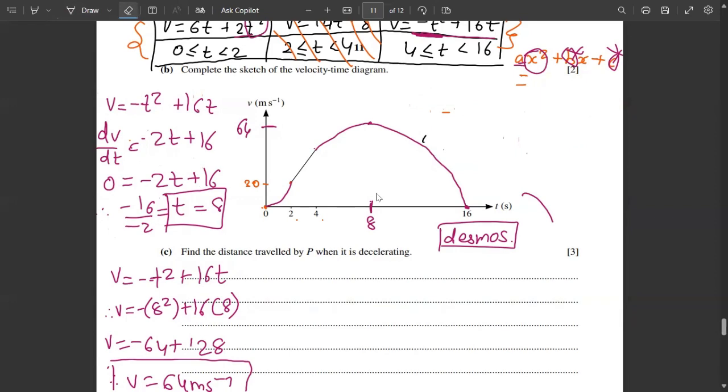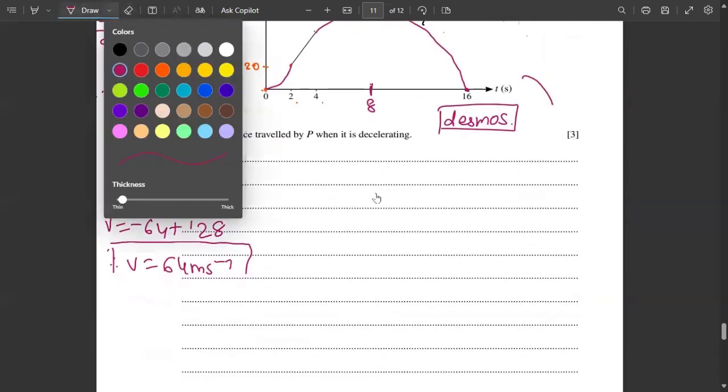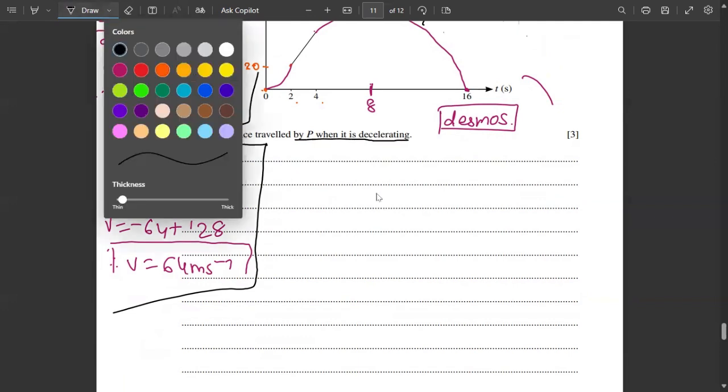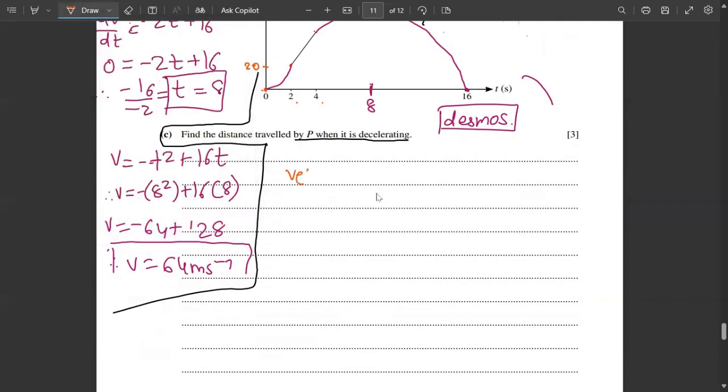Now let's move to the C question. I won't erase this, I'll write it here only. Find the distance traveled by P when it is decelerating. Now, what you need to understand is that we have a velocity time graph. And what is deceleration?